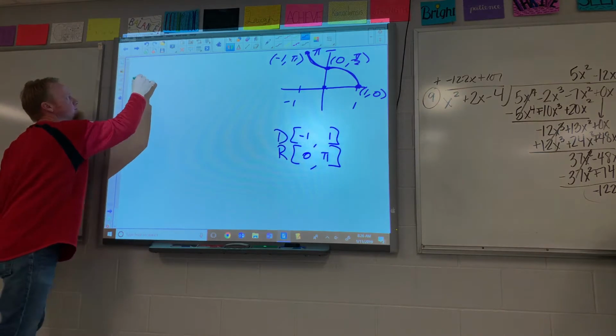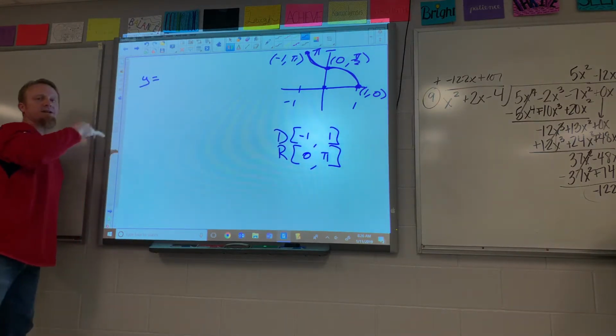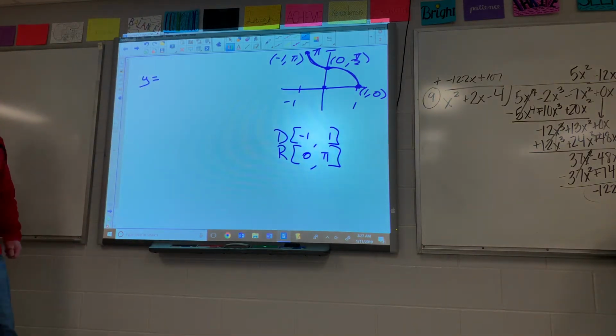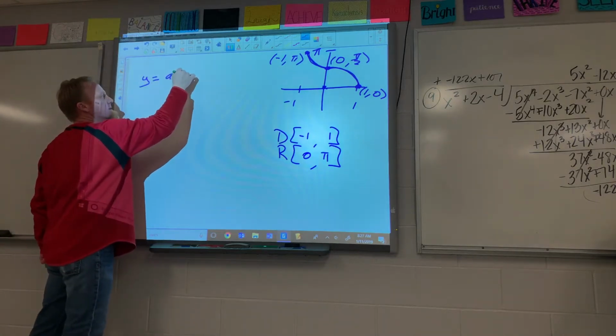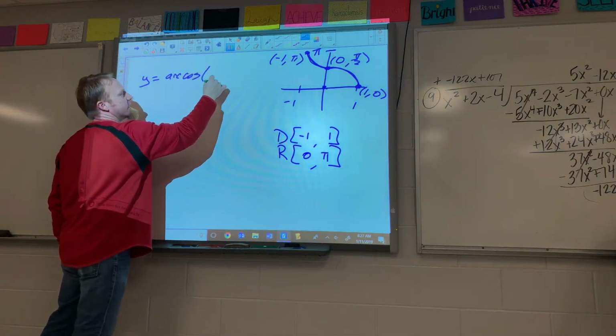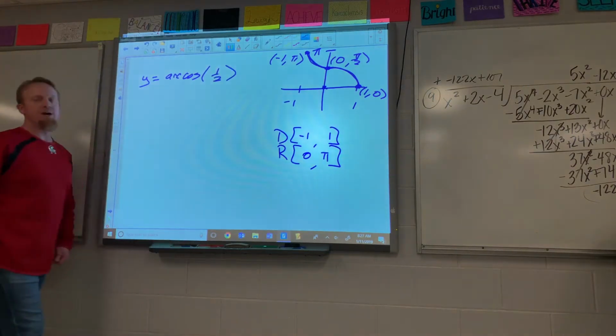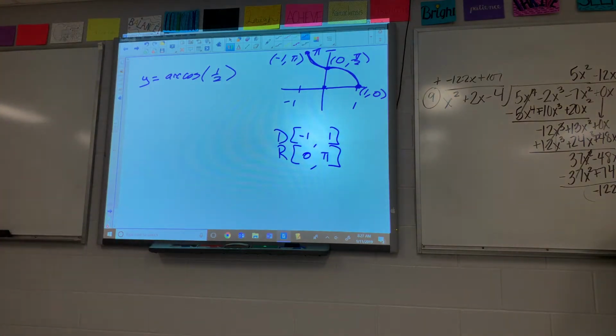All right, now, sometimes instead of cosine to the -1 or sine to the -1, you might see something like this. Okay, you might see arc cosine. Arc cosine and inverse cosine, for our purposes, mean the same thing. So when you see arc cosine, know that that's the same thing as inverse cosine.